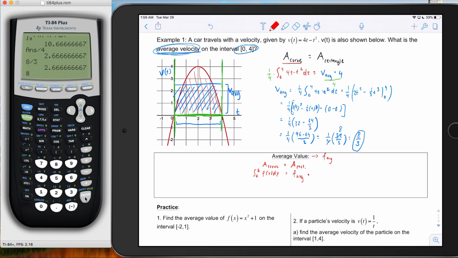Now for a general case, let's say we have something like this. Here's a, here's b.